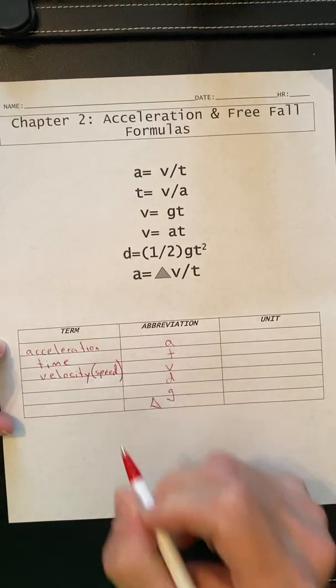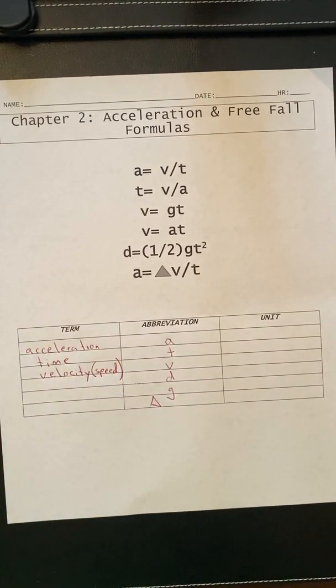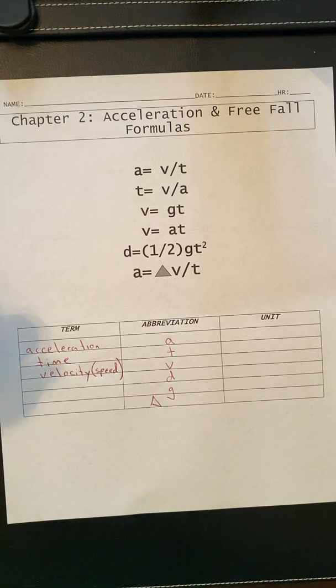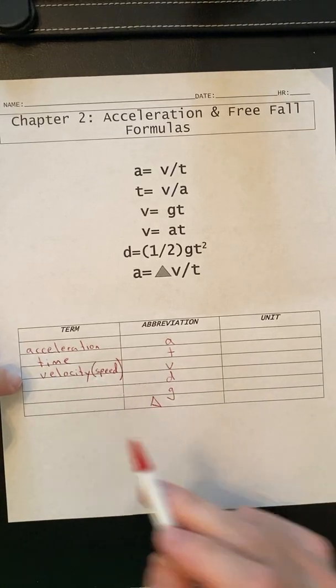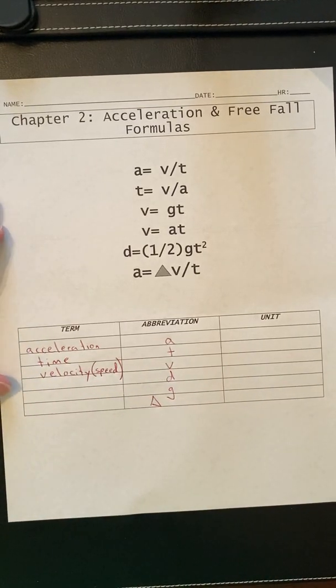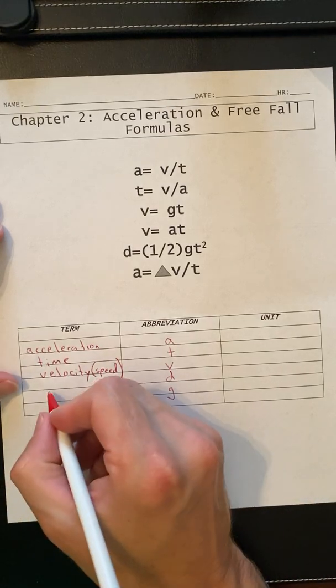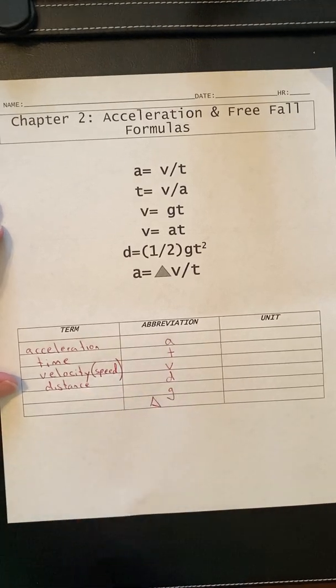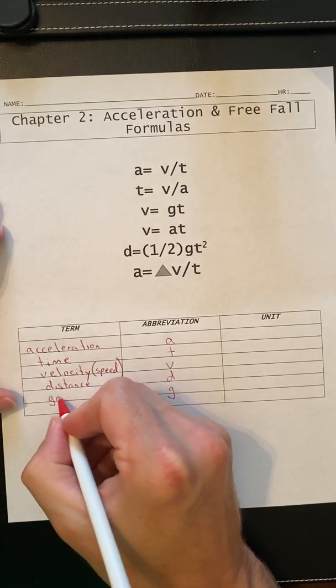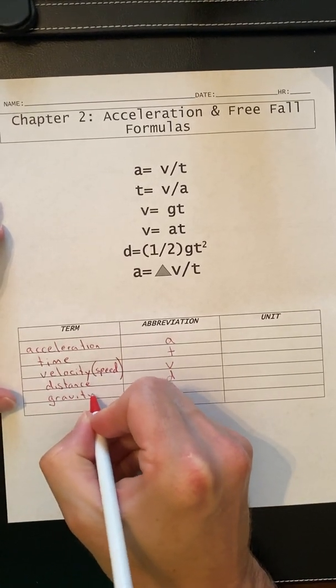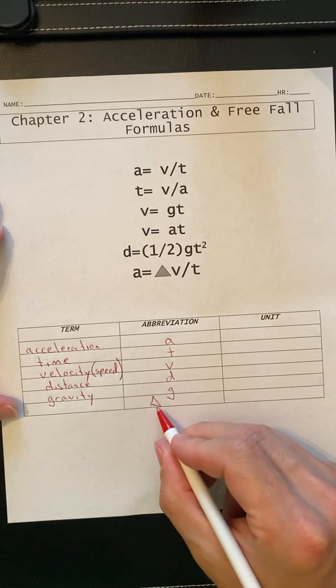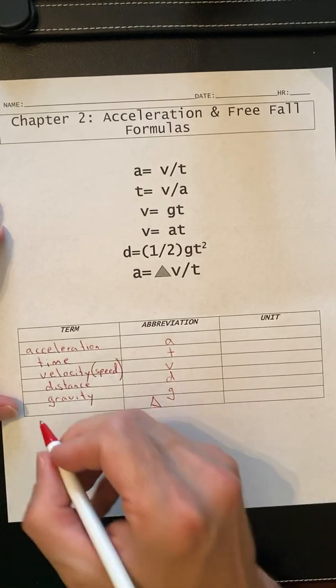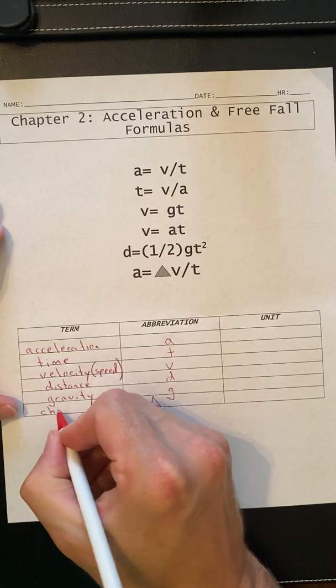I know that velocity is magnitude and direction, or speed and direction, but we can use those interchangeably when we're working through our problems or our calculations. D is going to be distance. G is gravity.